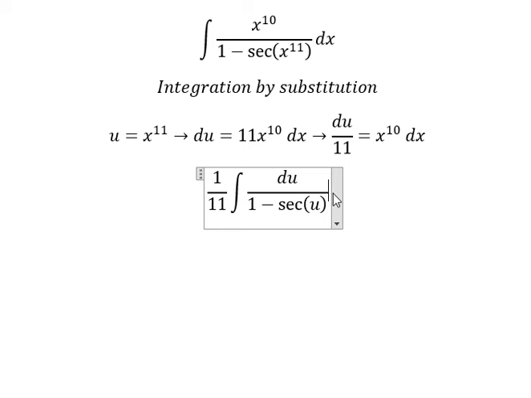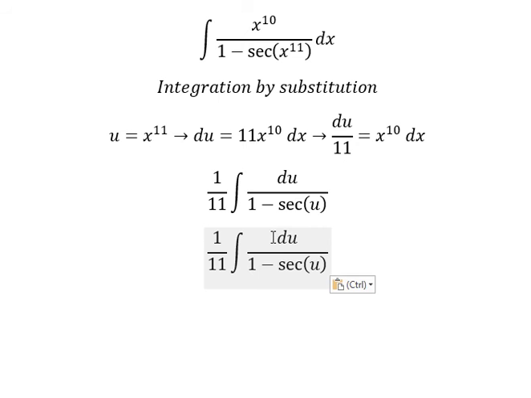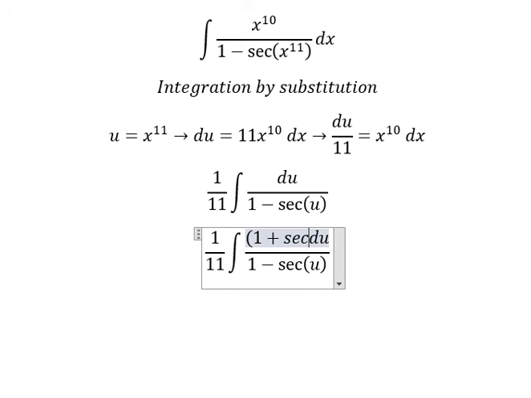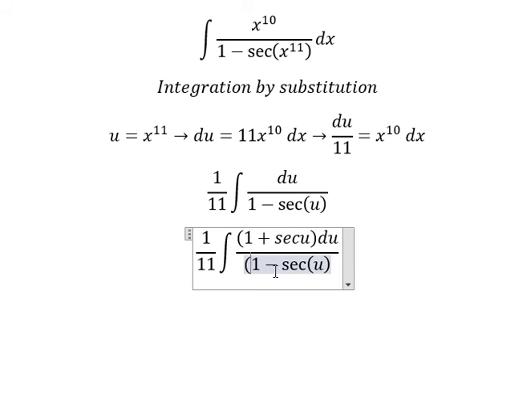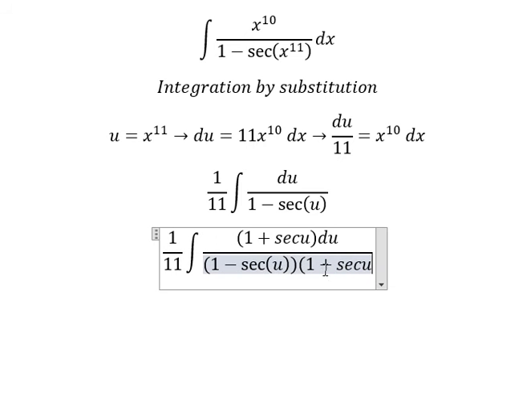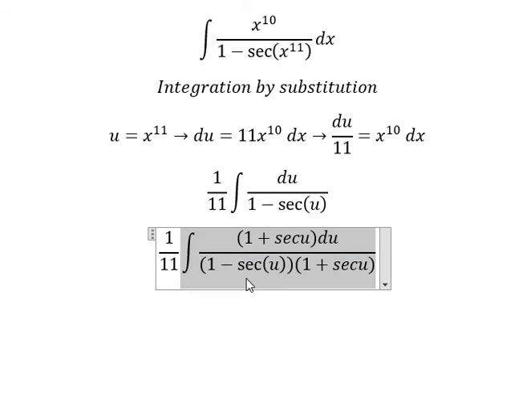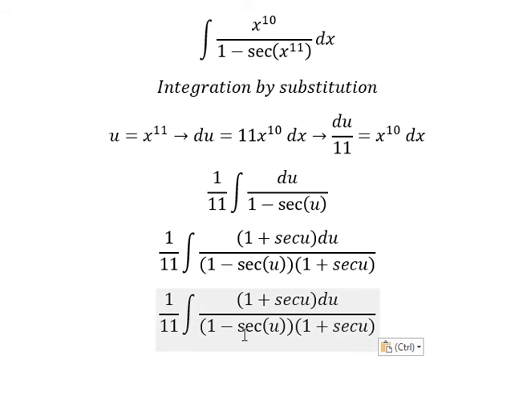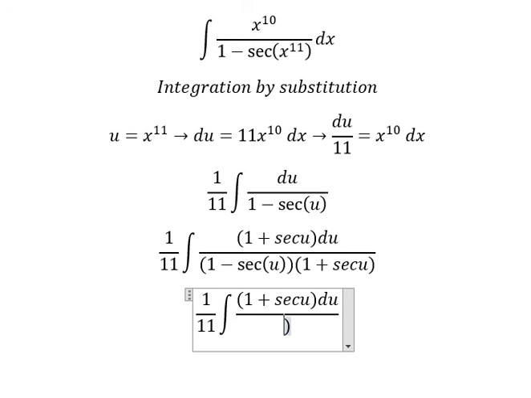So for this one, I need to multiply by 1 plus secant of u on the numerator and denominator. This is an identity, so you get 1 minus secant of u square.